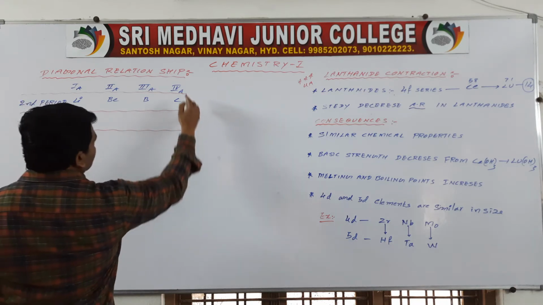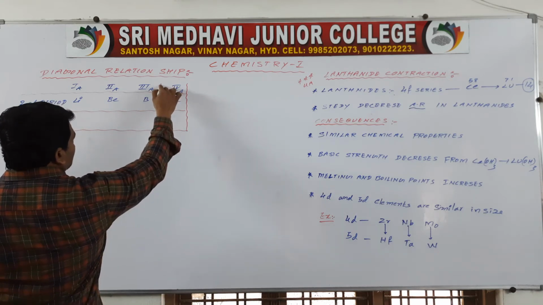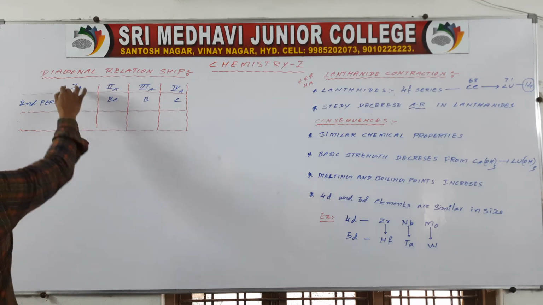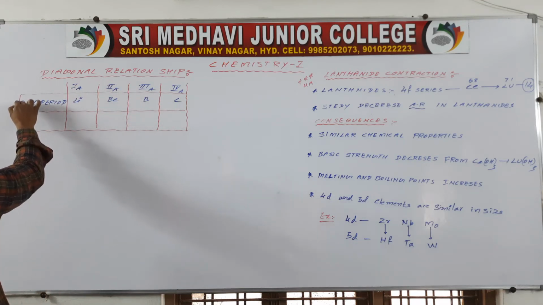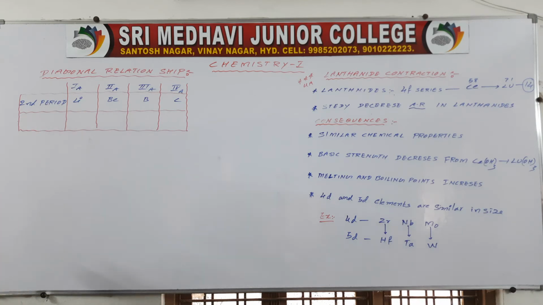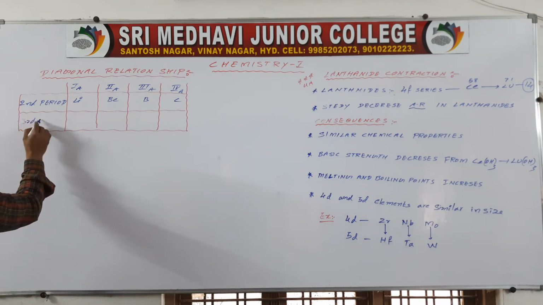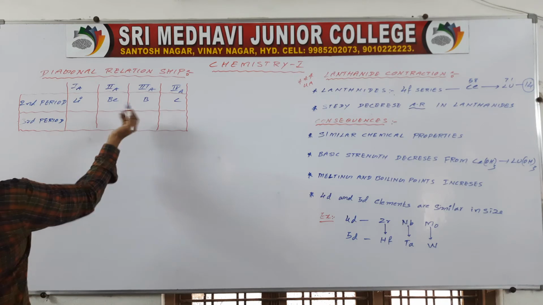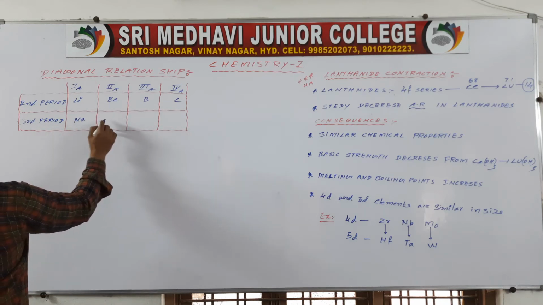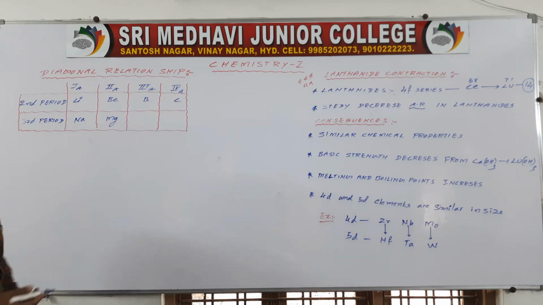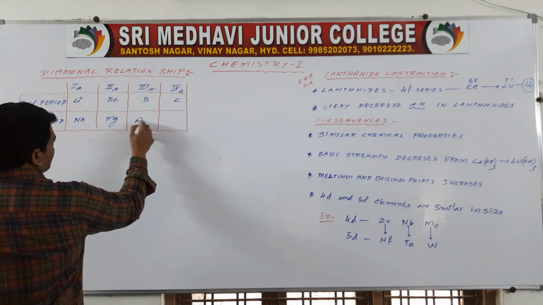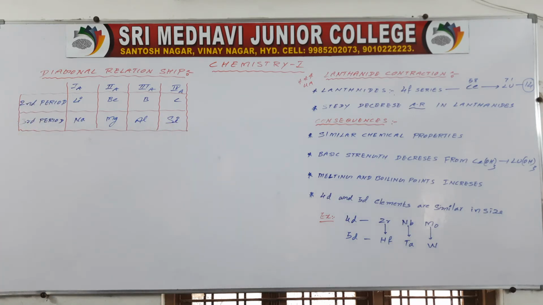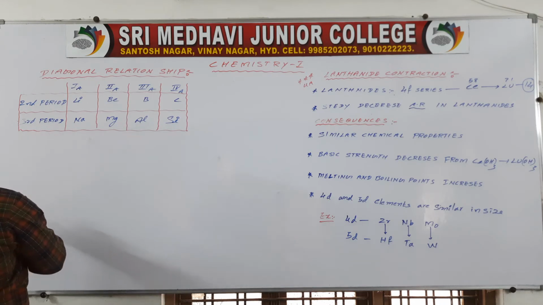Next I am taking the third period. What are the third period elements? Up to 4 groups only I am taking. Lithium, after that sodium, next magnesium, next aluminum, next silicon.